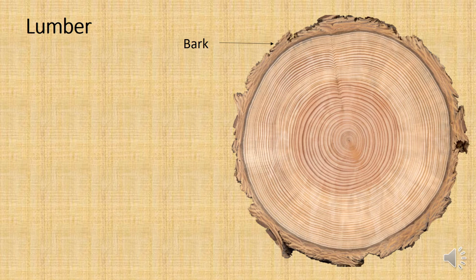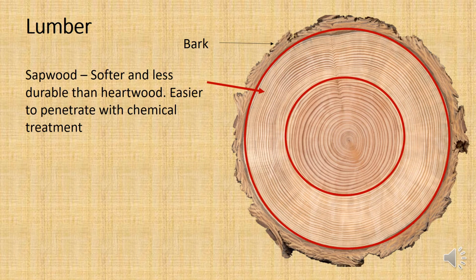But inside the bark, you have all of these little rings. Now, the number of rings determines how old the tree is. Basically, trees will grow faster when there's a lot of sunlight and rain, so they grow faster in the spring and summer. And then in the winter, especially if it's a deciduous tree, because it loses all of its leaves and stops growing entirely, it slows down how it's growing.